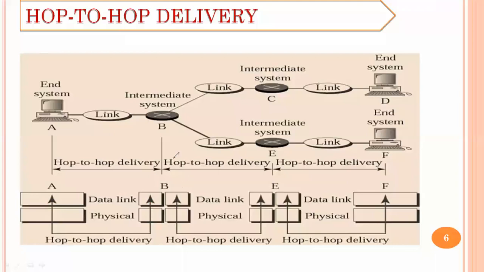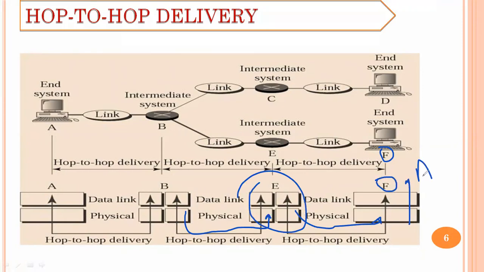So now the destination address is F, and at this point the data from B will be transmitted to E. The same steps will be implemented in E, and then the data will be transmitted at the end to F, and at this point it will move to the application layer, and the user will access the data. Clear?